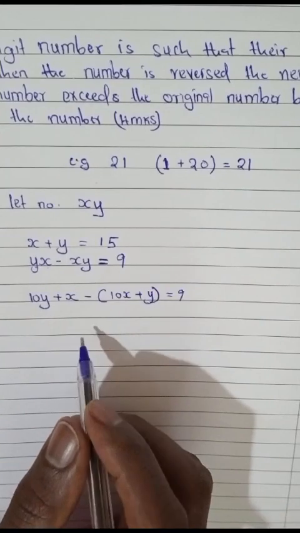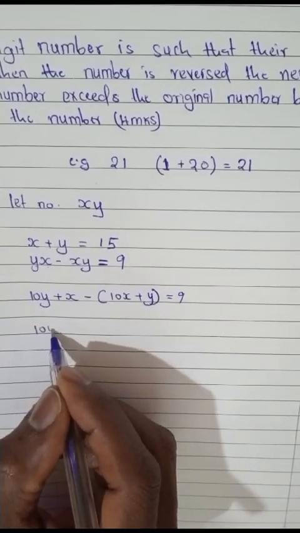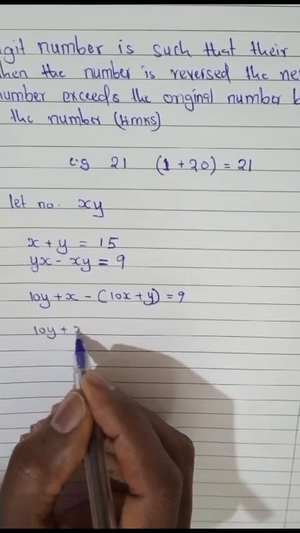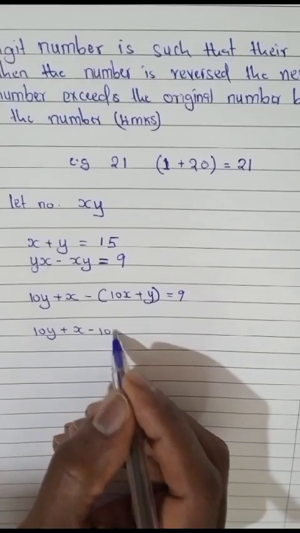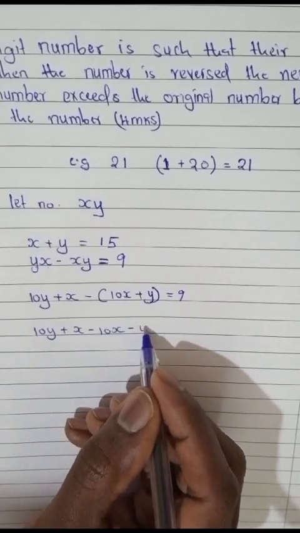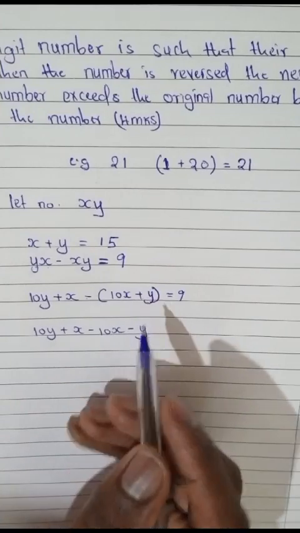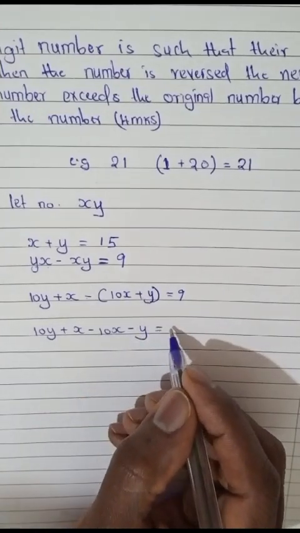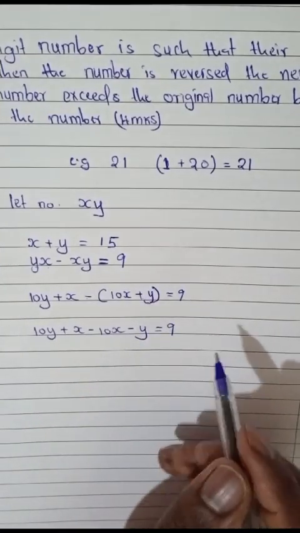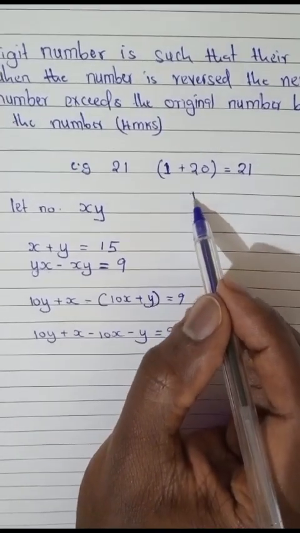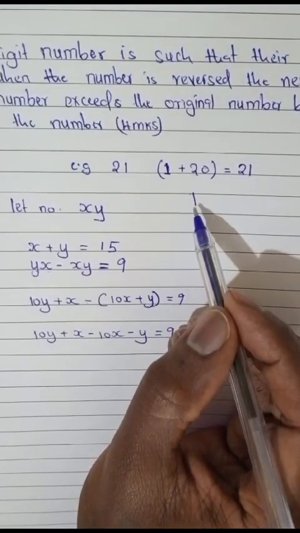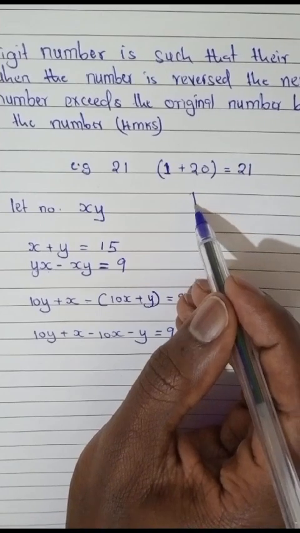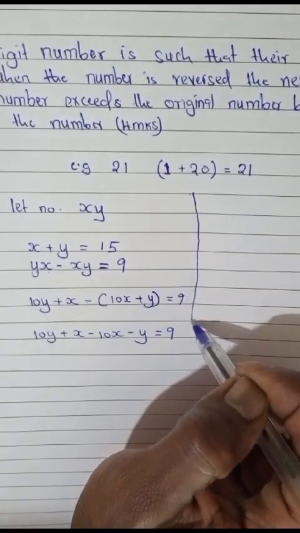Now let's open the bracket together. I will have 10y plus x minus 10x minus y, because this negative times positive will give you a negative. This one will be equals to 9. I hope we are together up to that point. So let's continue.